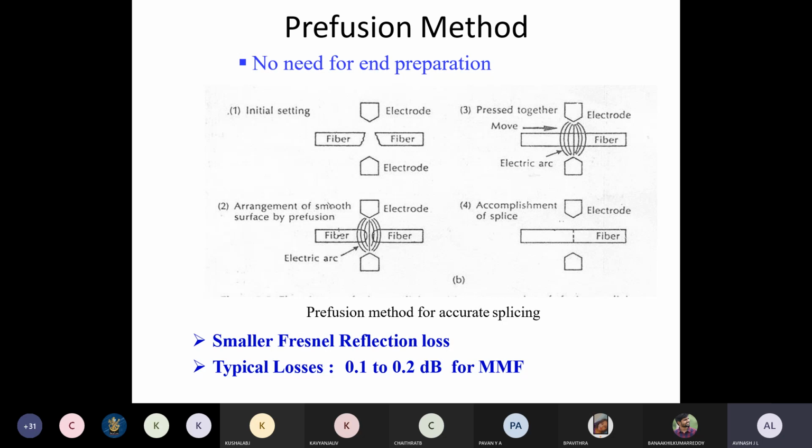When you do this process, what is the advantage? The loss will be smaller than the Fresnel reflection loss. The typical losses will be only 0.1 to 0.2 dB for multi-mode fibers.